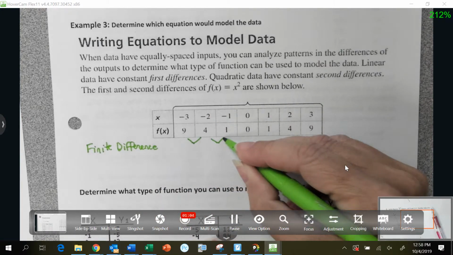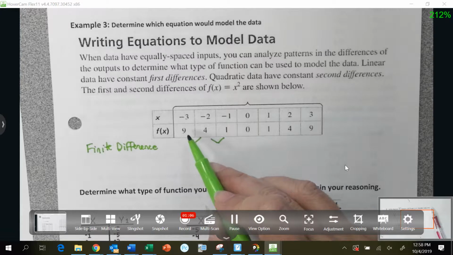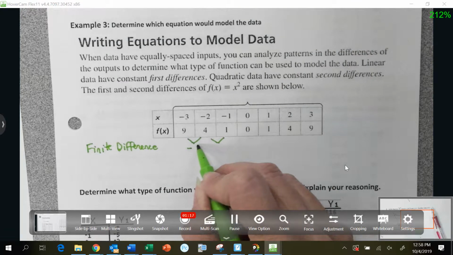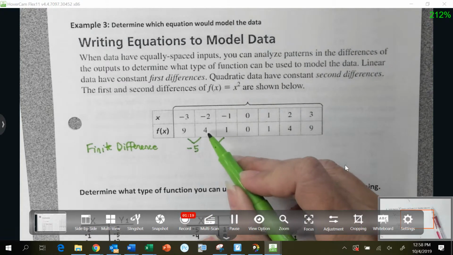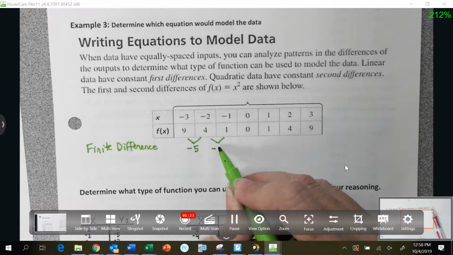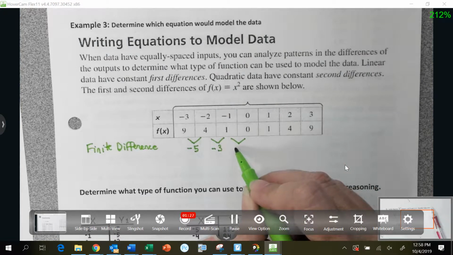And the finite differences would be, how do I get from 9 to 4? That is a difference of 5. How do I get from 4 to 1? 3. How do I get from 1 to 0?